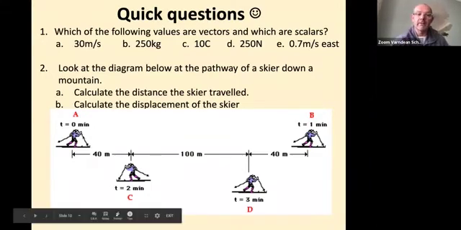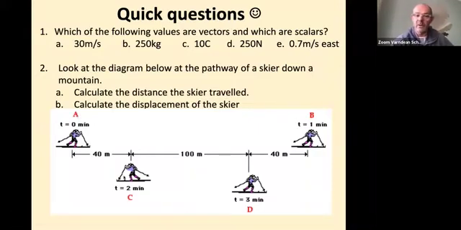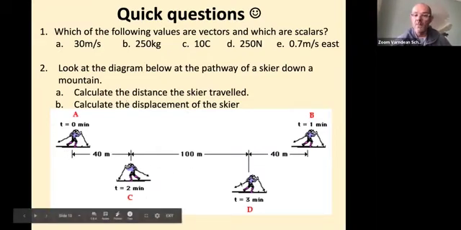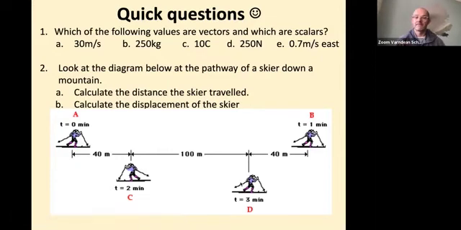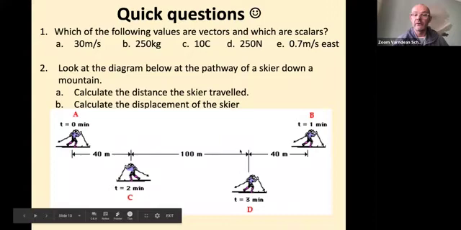Displacement is how far are they away from where they started. So they're not 420 meters away from where they started. They started here and they finished here. So they're only 140 meters away from where they started because they went backwards and forwards. Their displacement is how far they are from where they started. And it's also a vector because they are 140 meters to the right of where they started.